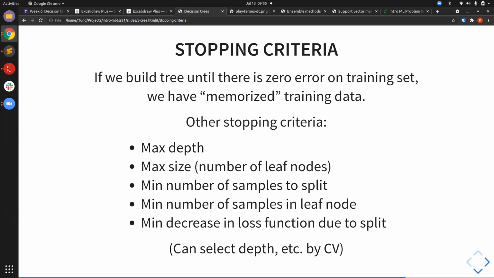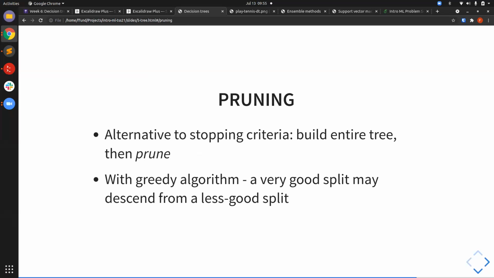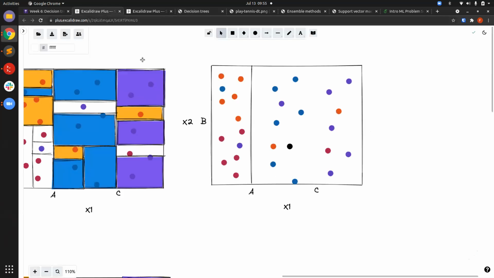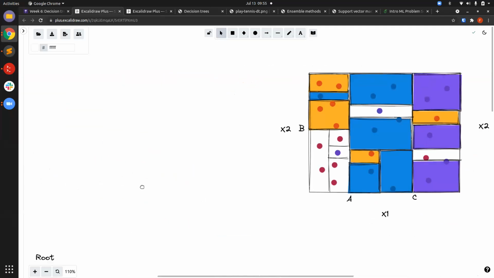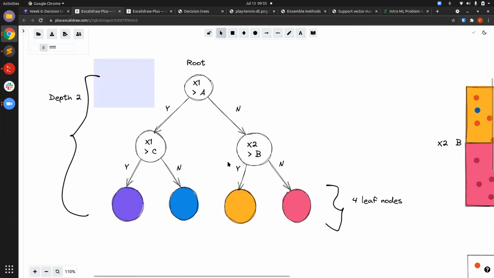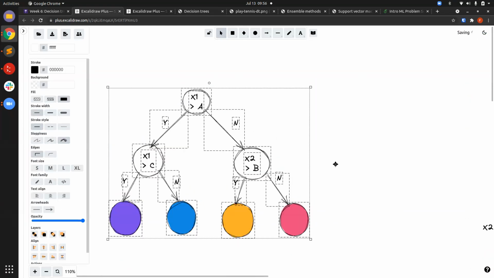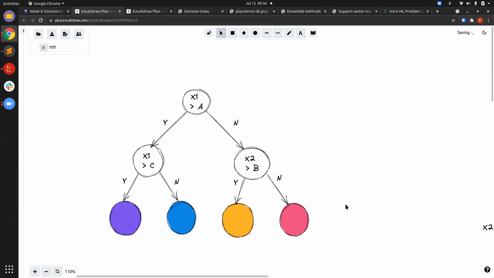Alternatively, you can do something called pruning. The idea behind pruning is that you build the entire tree, and then you go ahead and unsplit some nodes. What do I mean? Let's say I have this entire tree, and I decide after the fact, you know what?